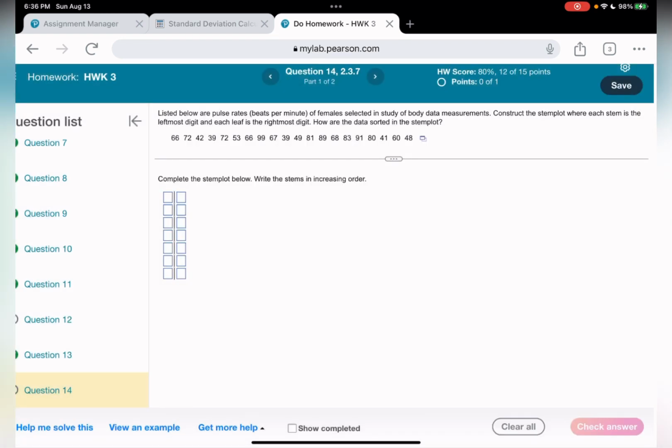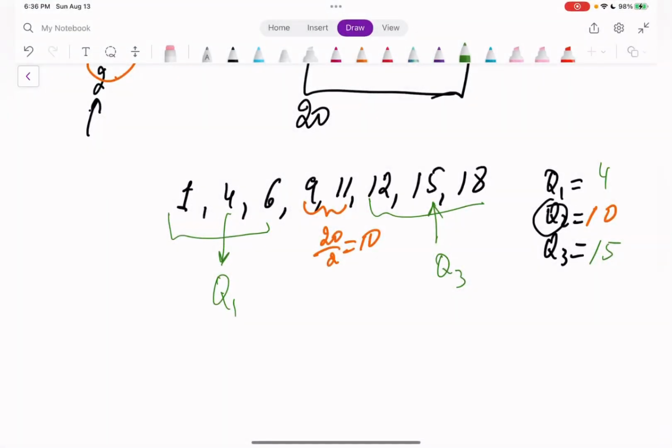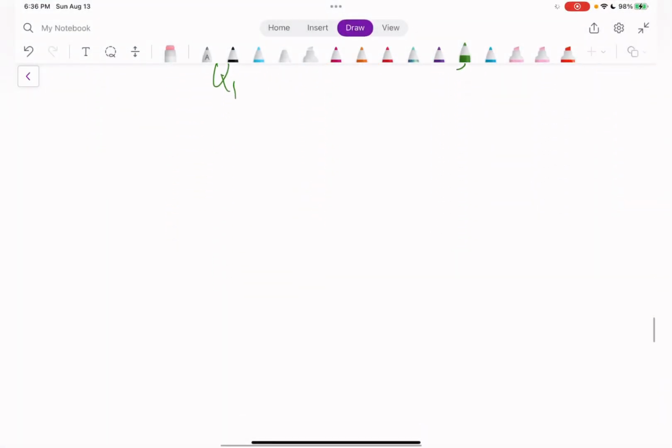Okay, finally we are moving to 14. So we're going to build a stem and leaf. What is a stem and leaf? That's a graph that we use, just like a histogram we use for large samples. We use stem and leaf for small samples.